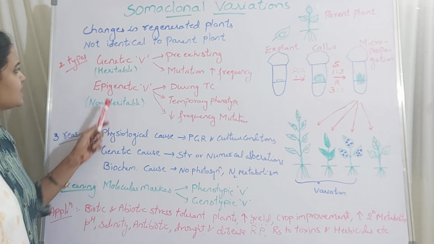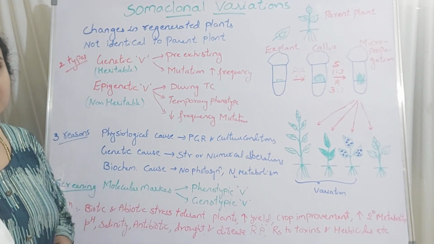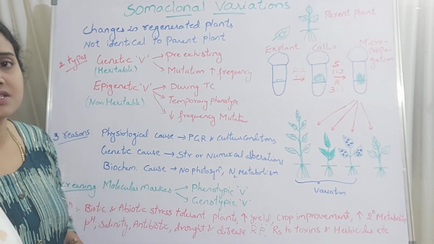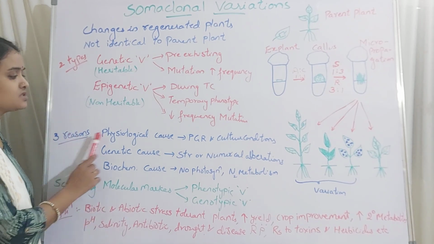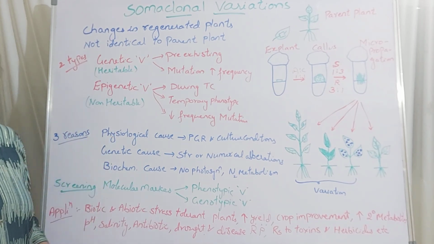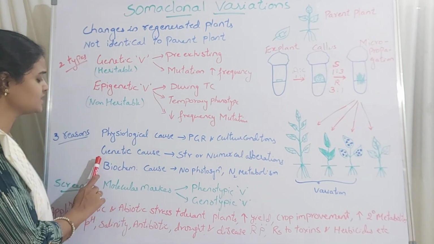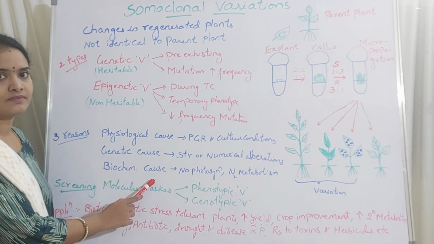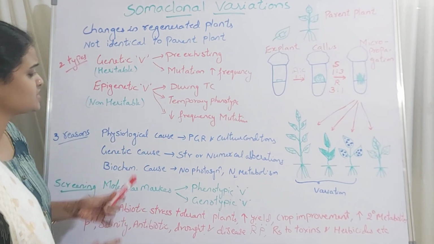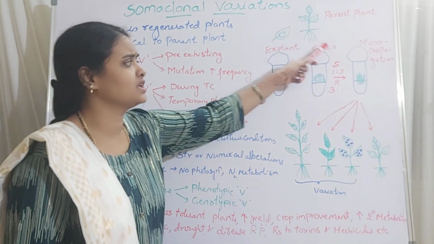So what is the reason why these heritable and non-heritable variations are occurring? Let us see. Again, the causes for these variations are classified into three types. The first one is physiological cause, second is genetic cause, and third is biochemical cause. In the case of the physiological cause, it is mainly due to the tissue culture conditions.